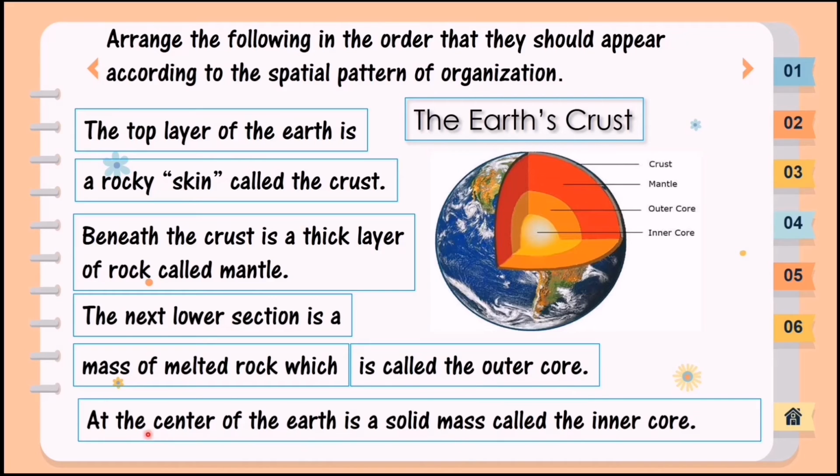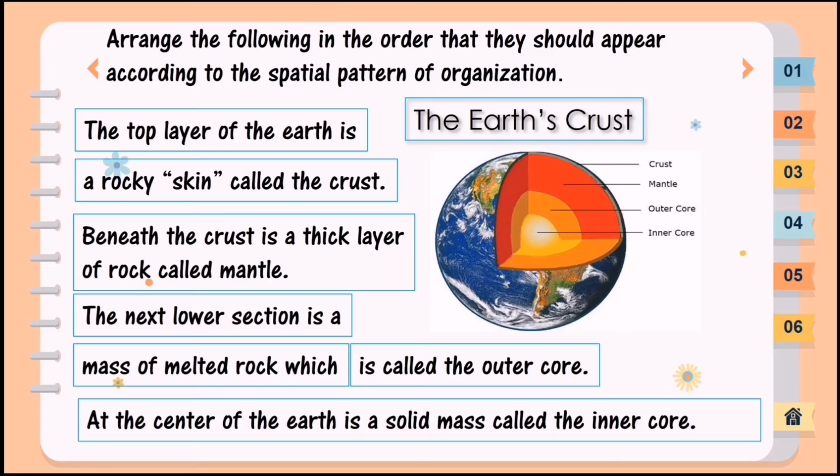At the center of the Earth is a solid mass called the inner core. So the way we describe is organized, and it is easy to understand and locate. That is the importance of using the spatial pattern of organization.